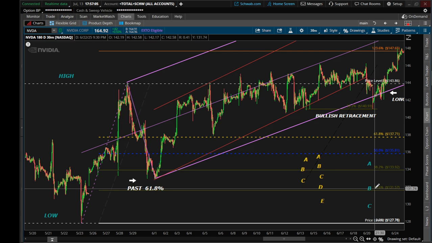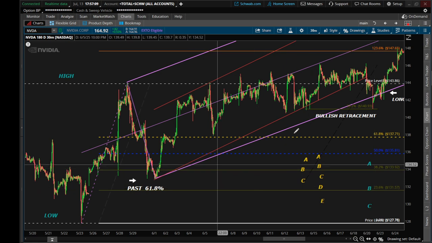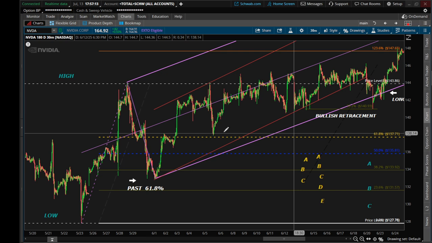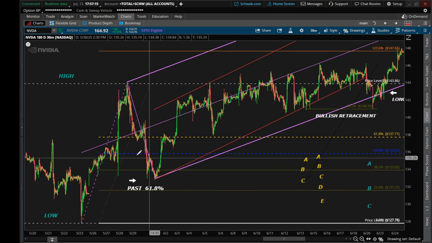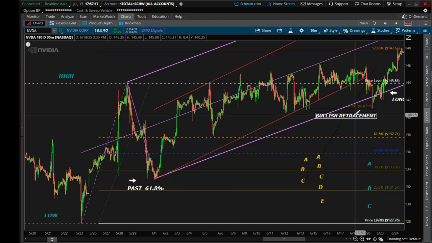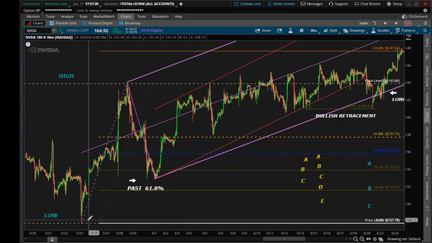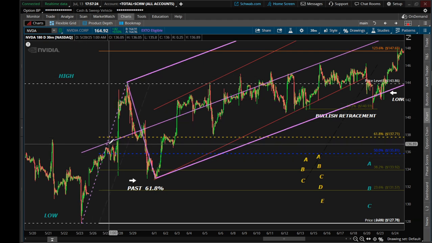So let's say you've been wanting to get into Nvda, but you don't know where it's going to go and you're looking for a good entry. So here we are. We want to find our high and low, our support and resistance, and we'll do that by reading the charts from left to right.